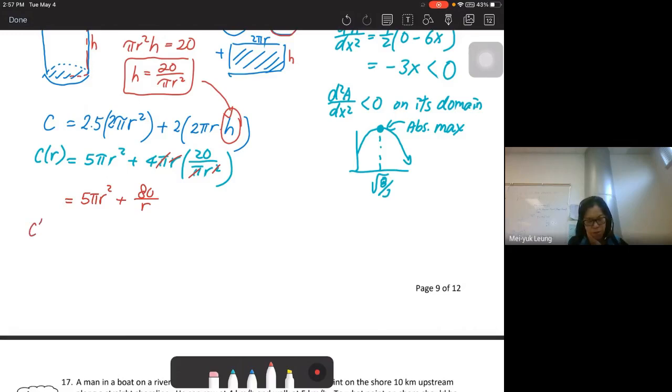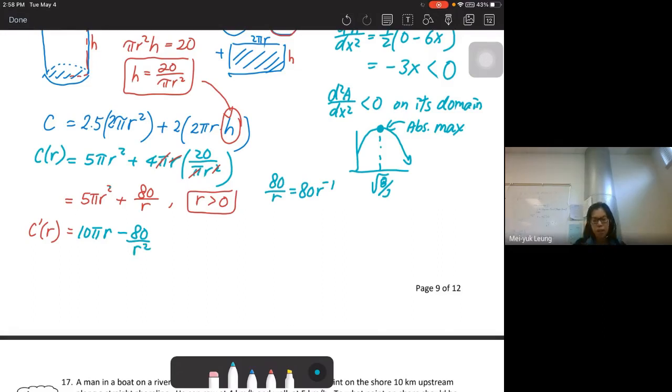Before we differentiate, think about the domain: r must be greater than 0. So C prime: the first term, using the power rule, is 5 pi times 2, that's 10 pi r. For the second term, 80 over r is the same as 80 times r to the power of negative 1, so the power rule gives negative 80 times r to the power of negative 2, which we can rewrite in the denominator.